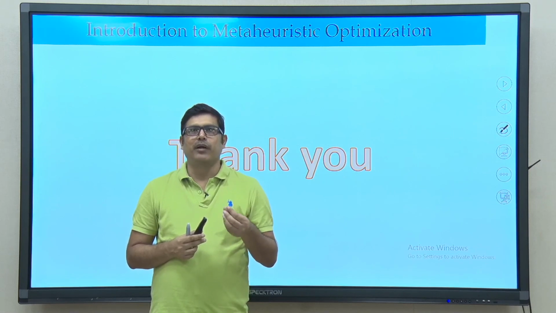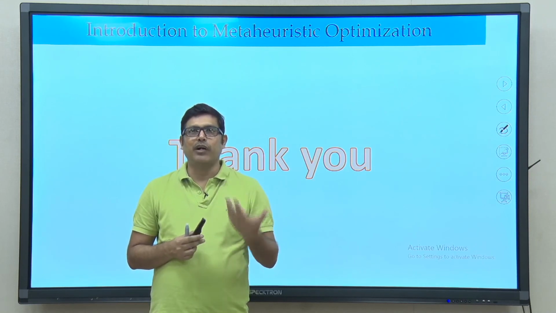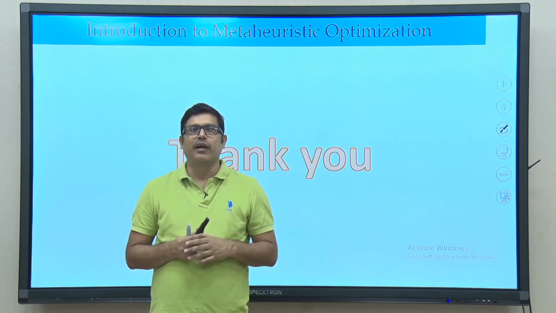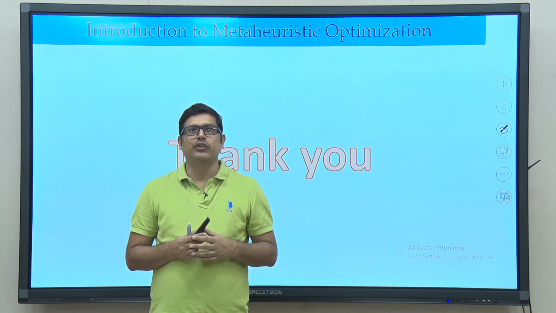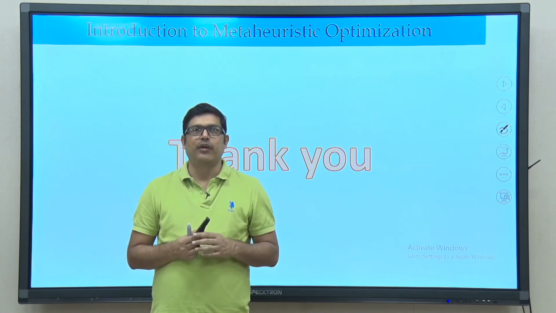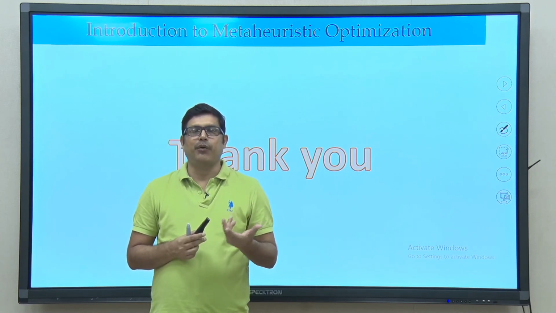Similarly, if your problem is an integer or discrete problem, you will not be able to apply classical methods. To overcome those things, these metaheuristic optimization methods can be used, and they can give you the global optimal solution, as your search process will not be trapped in a local optimal point.